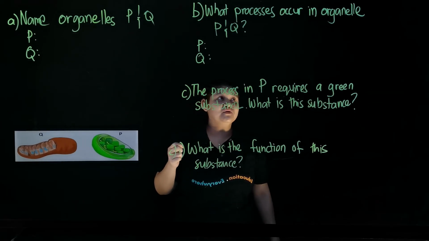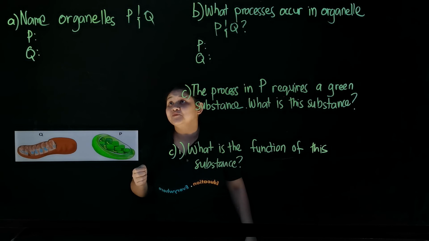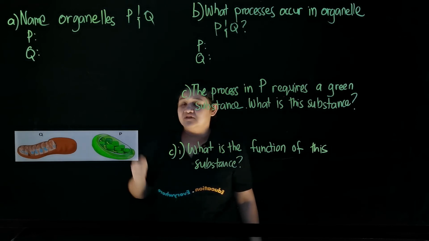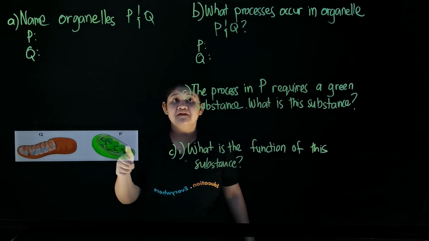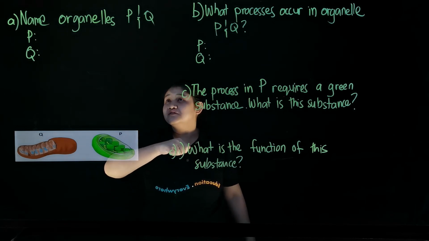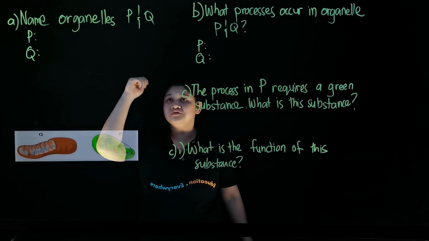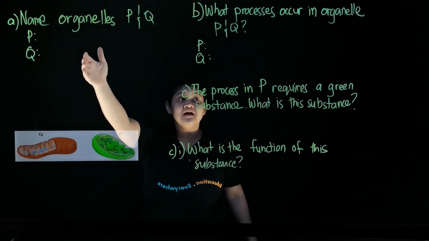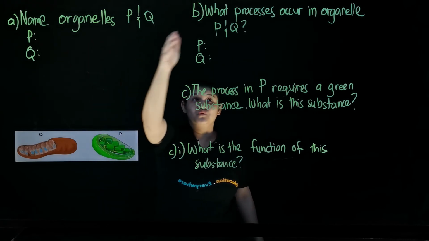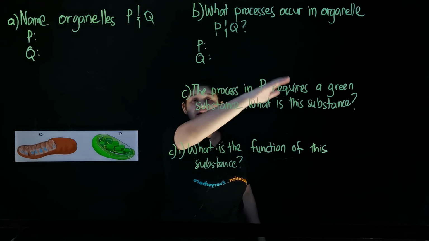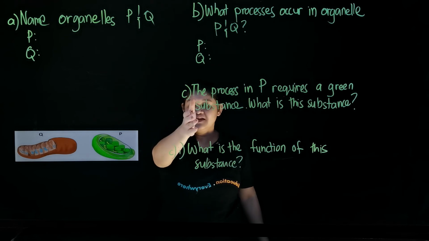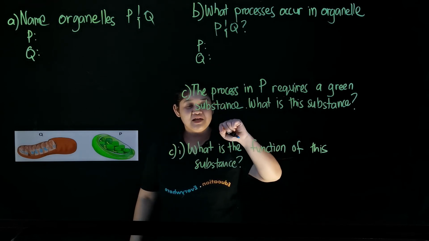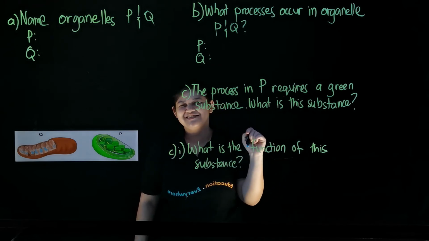Another question, but this is for paper 2. You're looking at 2 diagrams, P and Q, and there are 4 questions. The first requires you to name the organelles P and Q. The next asks what processes occur in organelles P and Q. Next, process P requires a green substance.